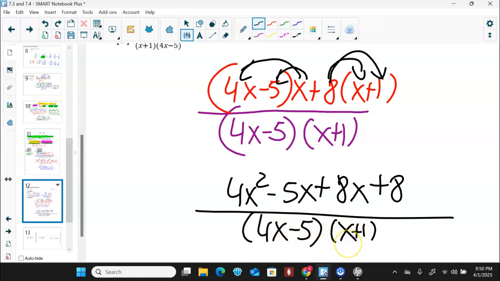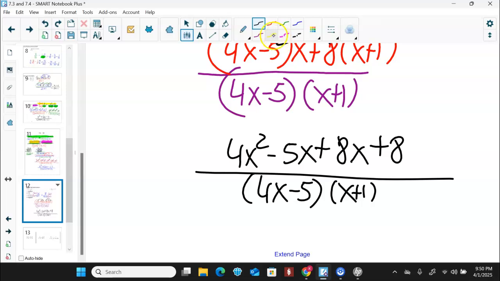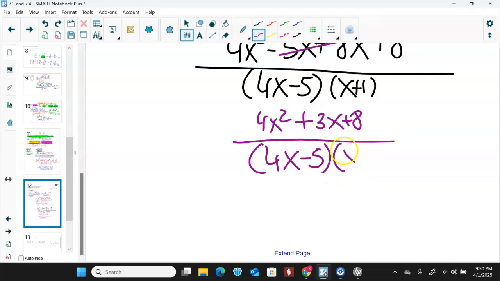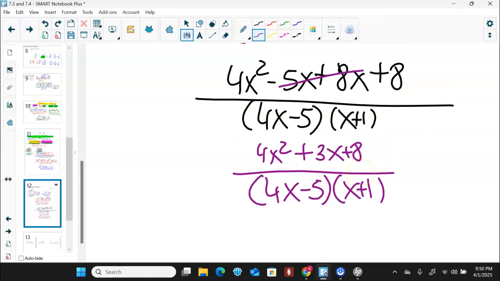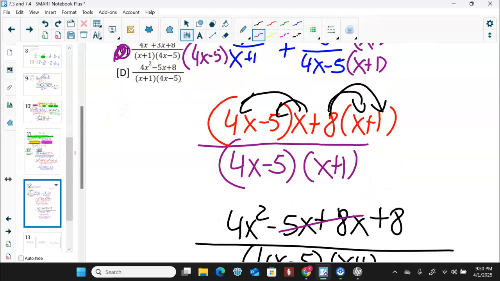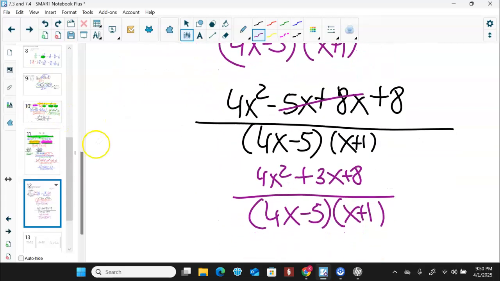And then you're going to combine like terms. So we got 4x squared, negative 5x plus 8x makes a positive 3x, plus 8, over 4x minus 5 and x plus 1. And once again, that is answer C, okay? Pause that if you need to.